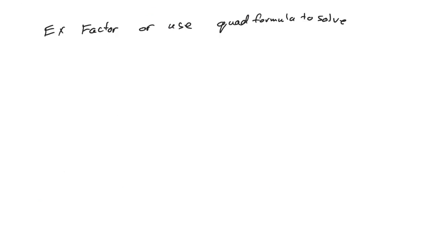So imagine I give you this problem. Either you're going to factor or use the quadratic formula to solve this problem. The log base 10 of (2x) all raised to the 2 is equal to log base 10 of (2x) all squared. So let's go through the entire solution. Here we go.